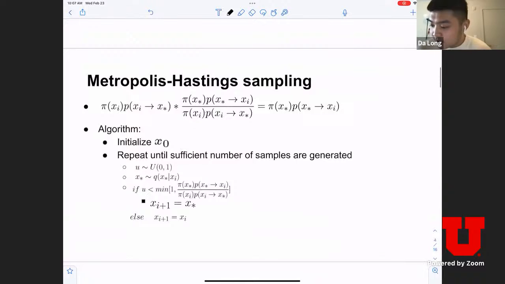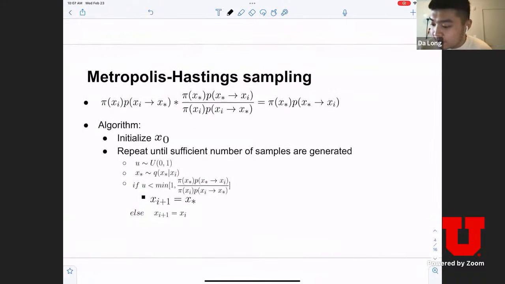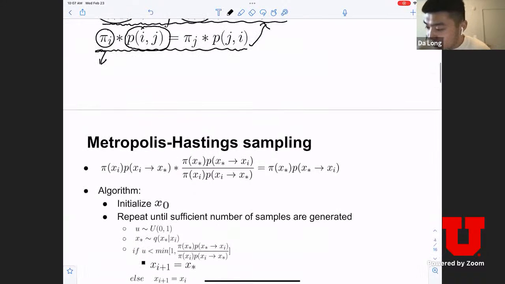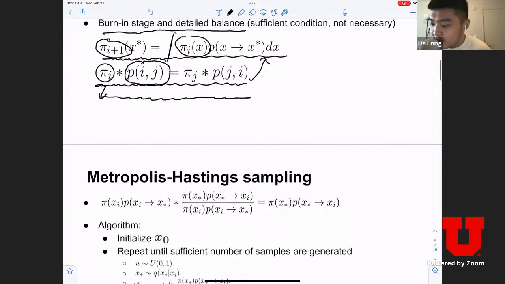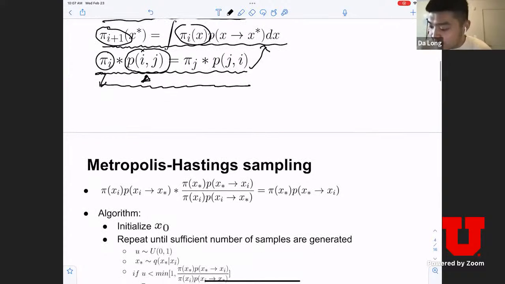Then comes Metropolis-Hastings sampling. We need to construct this equation to have detailed balance, but it's not easy to find a perfect transition distribution. Instead, in this method we use a proposal transition distribution.